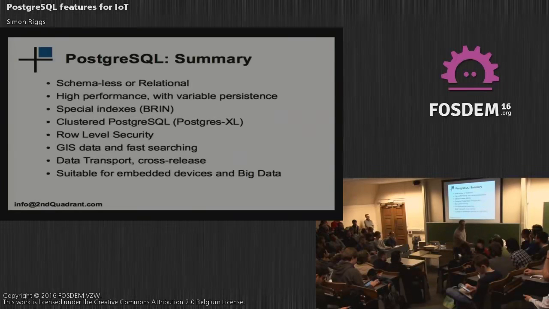Any other questions? Is BRIN index specific for the date and time context, or also for other types? BRIN indexes can be used with any data type. They're specifically designed for use with naturally ordered things. The example of date time is useful because the data has a natural ordering.